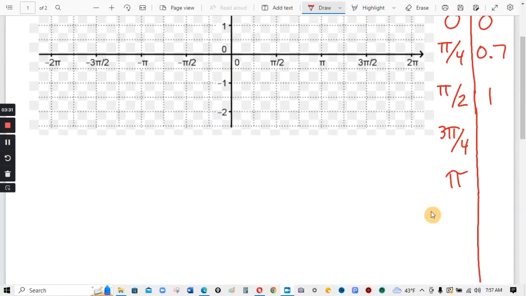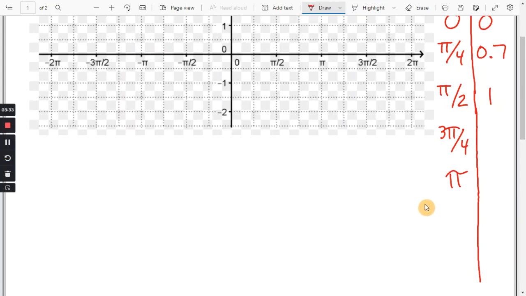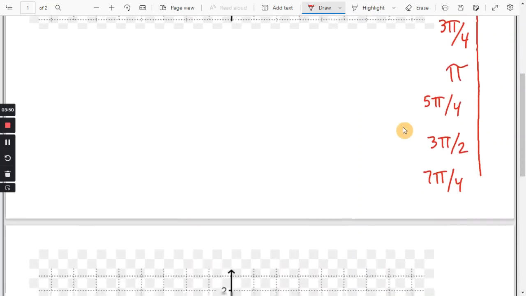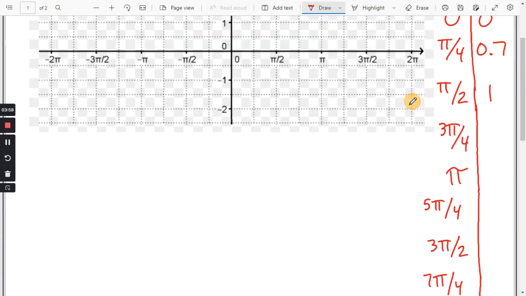Adding another fourth, that's going to be 5 pi over 4, and then 6 pi over 4, which is 3/2 pi, and then 7 pi over 4, and then 8 pi over 4, which is just going to be 2 pi. I'm going to fill in the values for all of those.